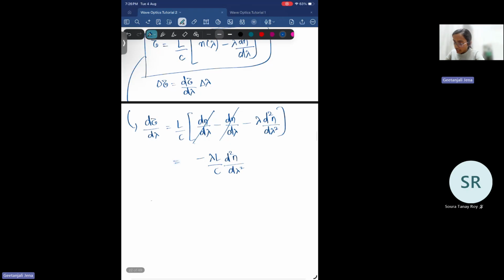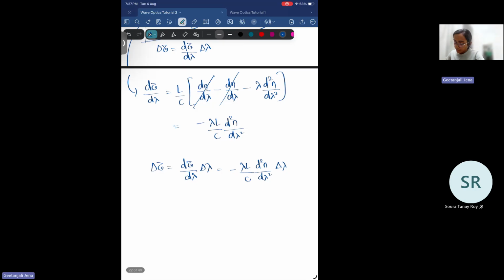Now we can write down the temporal broadening due to the material dispersion: delta tau is d tau d lambda delta lambda, which is minus lambda L by c d square n d lambda square delta lambda. This is the broadening that will happen because of this material dispersion.